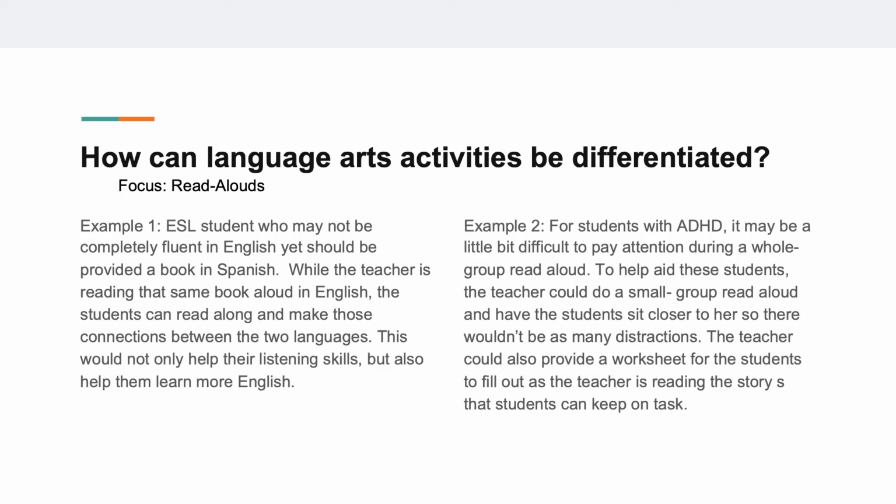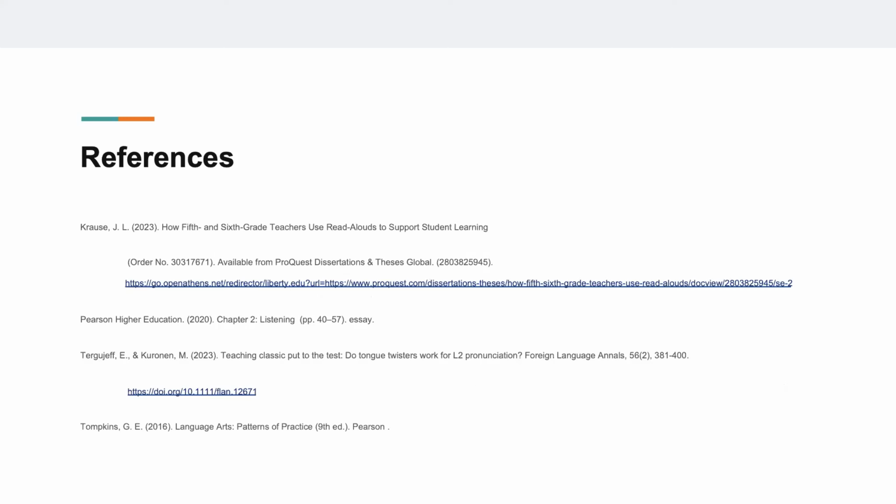So to help these students, the teacher could do a small group read aloud instead of a whole group, and have the students sit closer to them, or also provide a worksheet possibly for the students to fill out as the teacher's reading, and she can pause and make sure that the student is keeping up with the story and what's going along with that, so that they can stay on task. And here are my references.